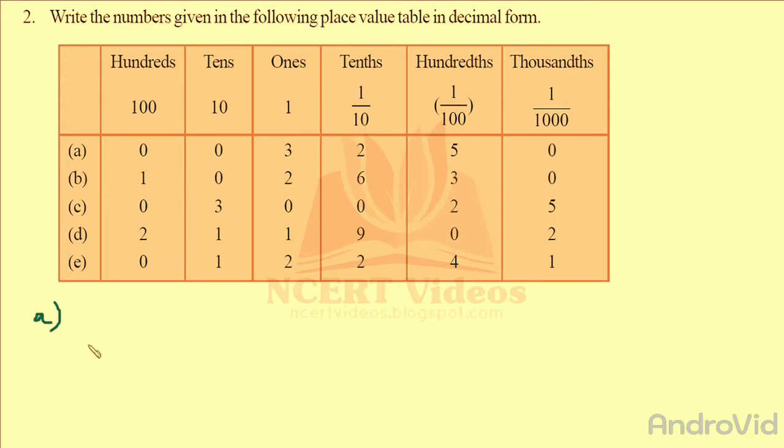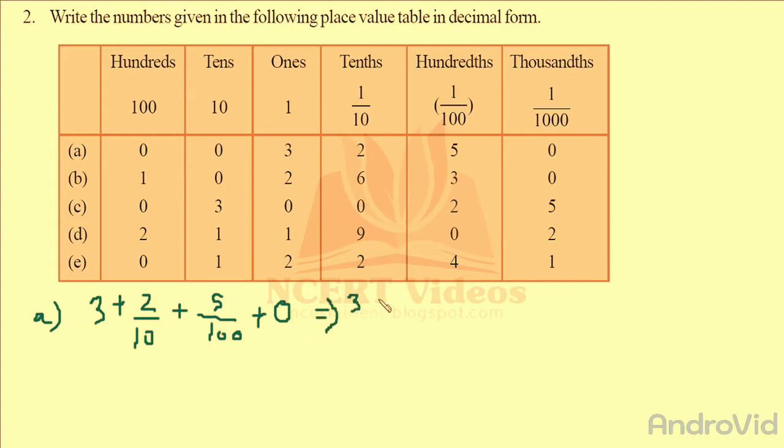So we'll write 3 plus 2 over 10 because tenths are represented by dividing it by 10. Similarly with hundredths, 5 over 100, and writing the last one is 0. We don't have to write it, or we may.